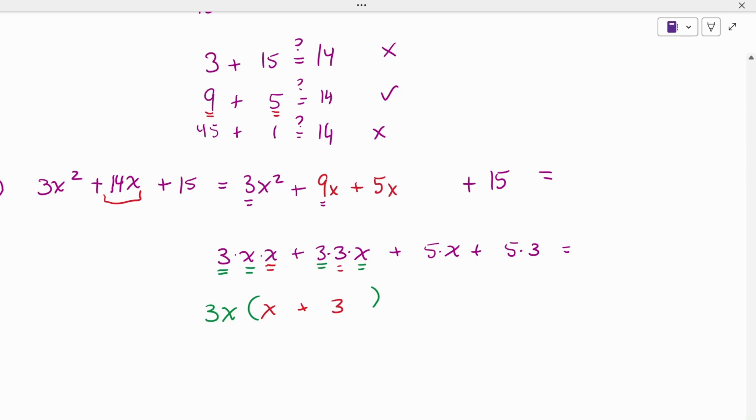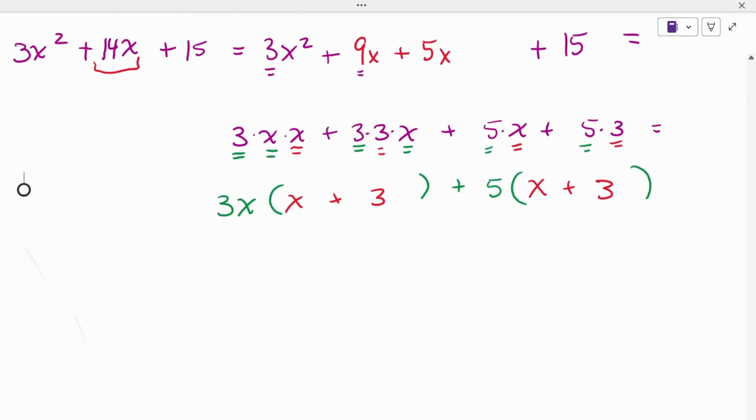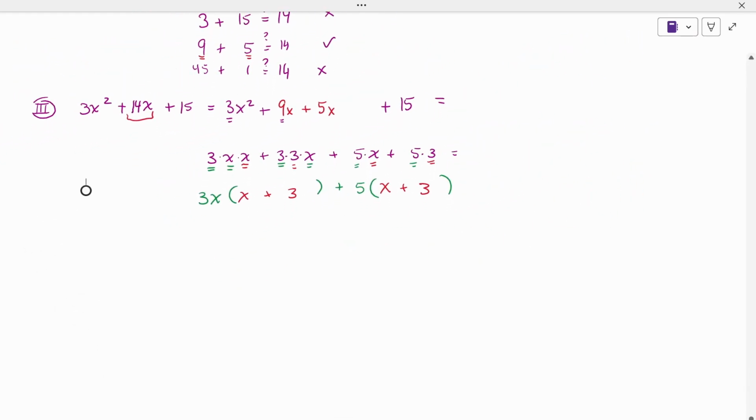Now for the second two terms, I'm going to check and you see you have a 5 in common. And you have an x left over and a 3 left over. So you're going to write that inside of parentheses. Note that all I'm doing here, guys, is a kind of shortcut for finding the GCF.